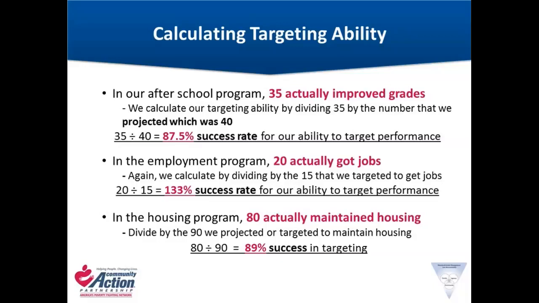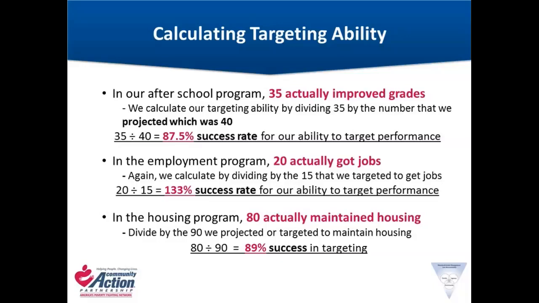But we're looking at the relationship between what we thought we would do and what we did do as a range of between 80 and 120% in this area. It means that if you are underestimating your performance or lowballing your expectations so that it looks like you're doing a better job, this really demonstrates that you don't know your services and what they will produce. So it can mean that you haven't paid attention to some aspect of the program, or that you just want to look like you're more successful, and that doesn't show high quality agency capacity.